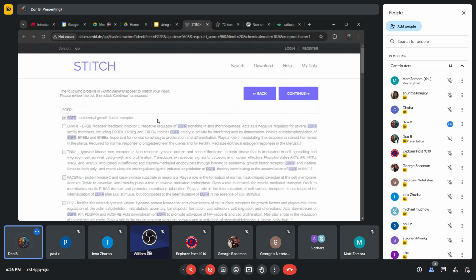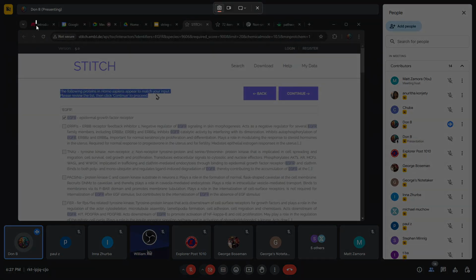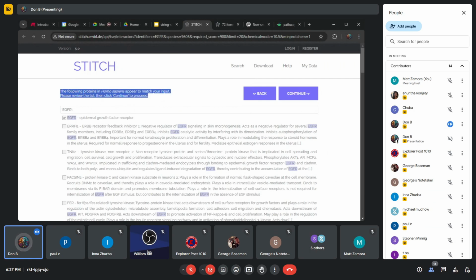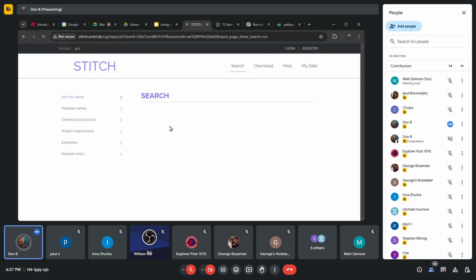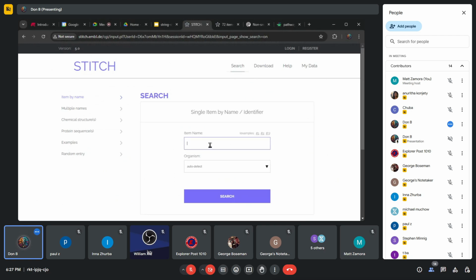So Stitch, in a similar fashion, and this is based on what I seeded in the URL. In essence, I bypassed the initial search screen to highlight EGFR, but what is more valuable is I'll go back out and do it manually.